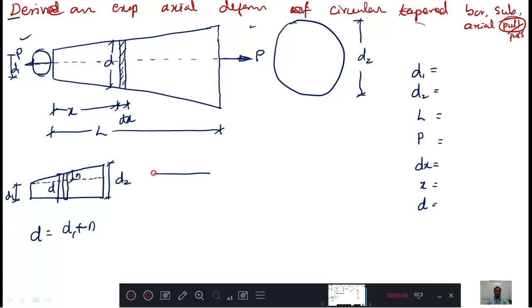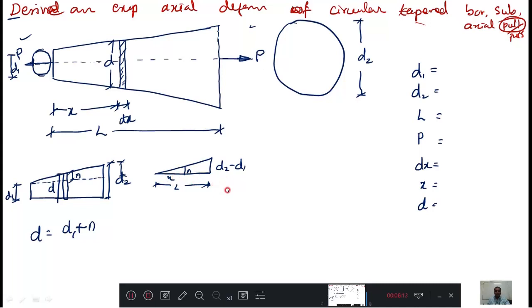If I draw that triangle portion here, this distance is n, and this distance is D2 minus D1. The total length is L. Now I want to express this n.